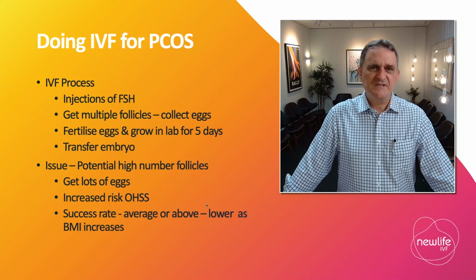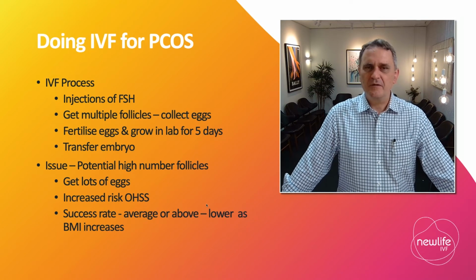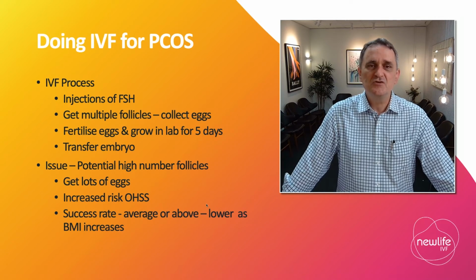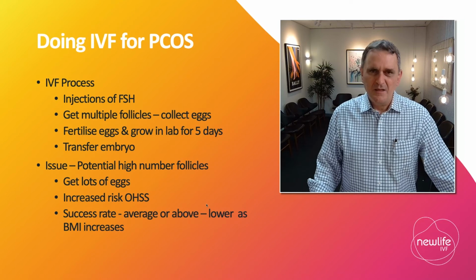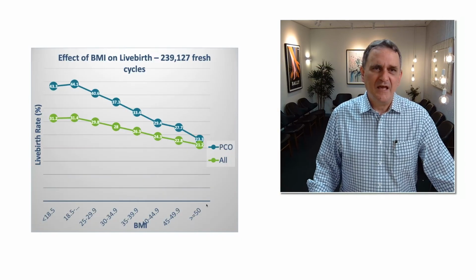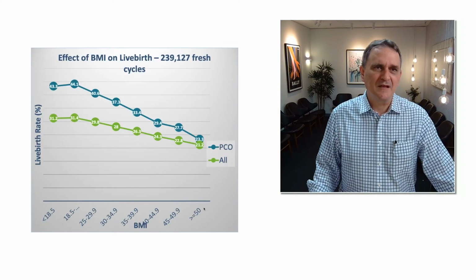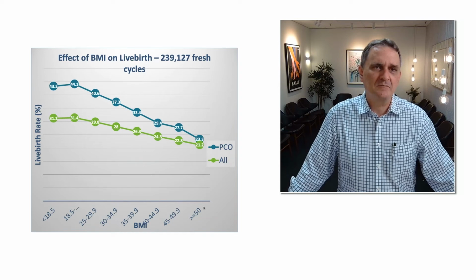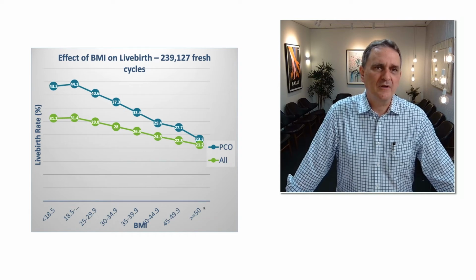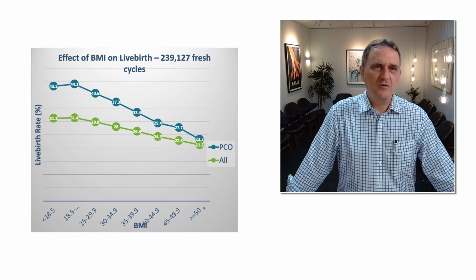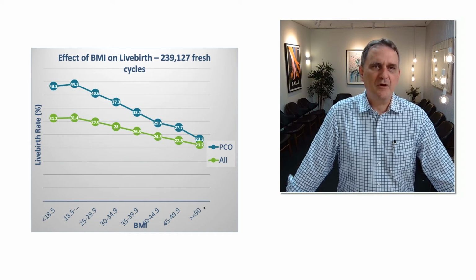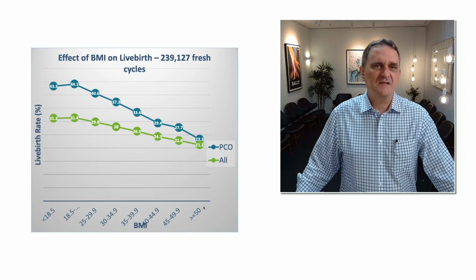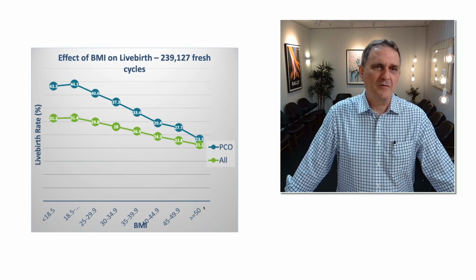So what's the success rate if I do IVF and I've got PCOS? And the answer is it's usually average or a little bit higher. But there is a caveat on that. Looking at this graph that I've put on, what we see in all women who have IVF is that as their BMI or their weight goes up, the success rate of IVF goes down.